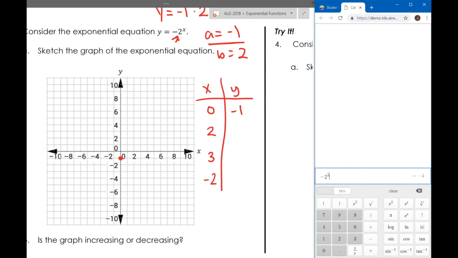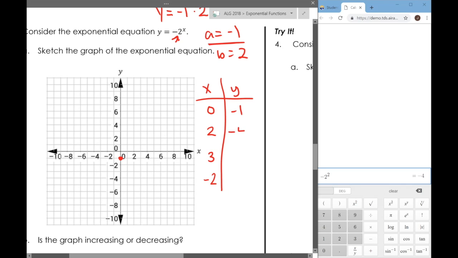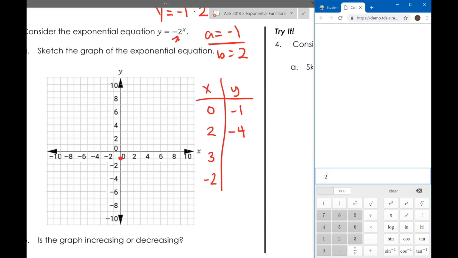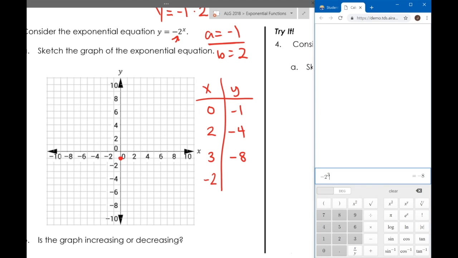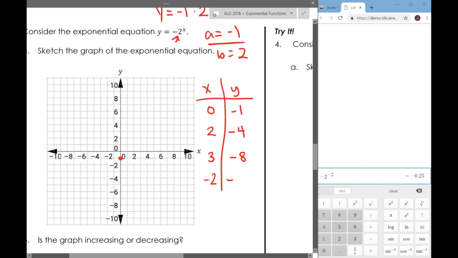-2 to the power of 2. So you see how that answer gives me -4. Okay, let's change that 2 to a 3. That answer is -8. Now let's change that 3 to a -2. That answer is -0.25.